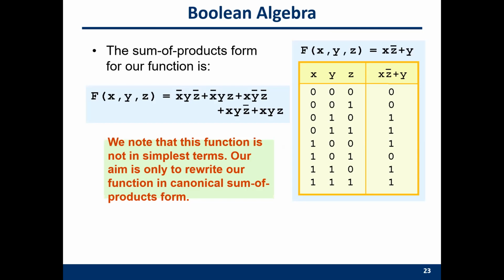And then we just write each row like this. Because this x is a 0, this y is 1, and this z is 0. So the first item here is x bar, y, and z bar. So all the zeros here will generate a bar, the inversion of the variable. For example, the x here is 0, so we write x bar.